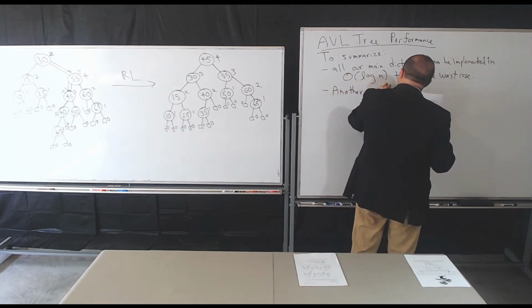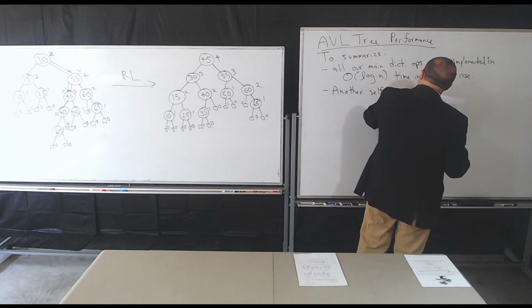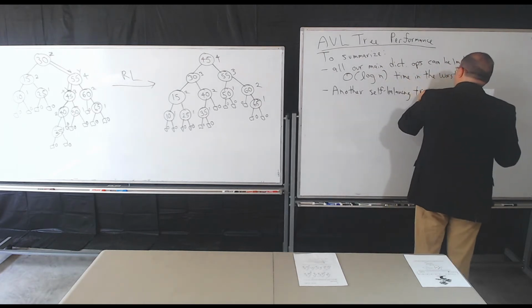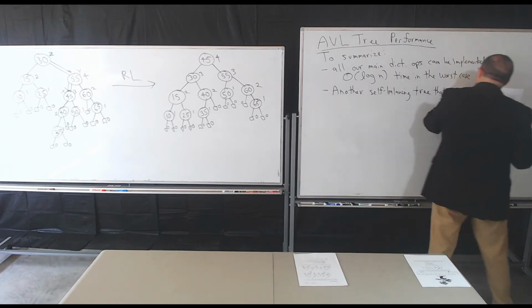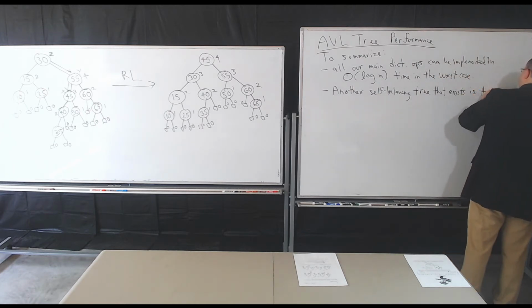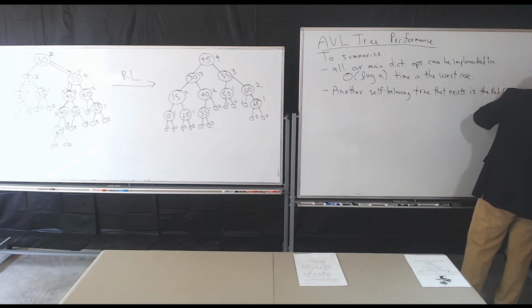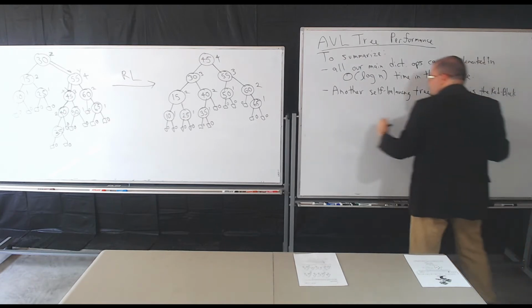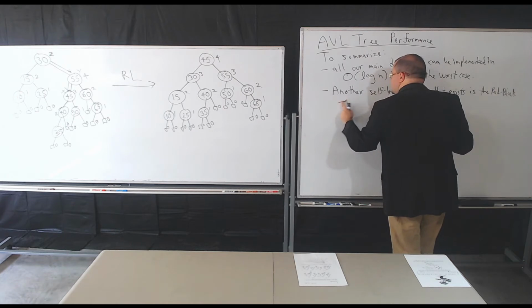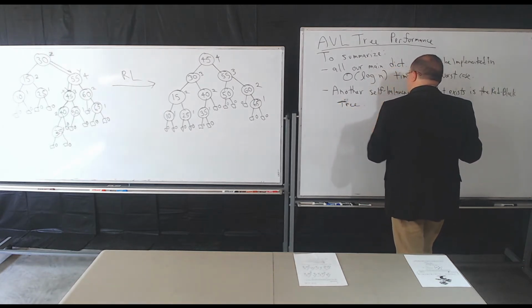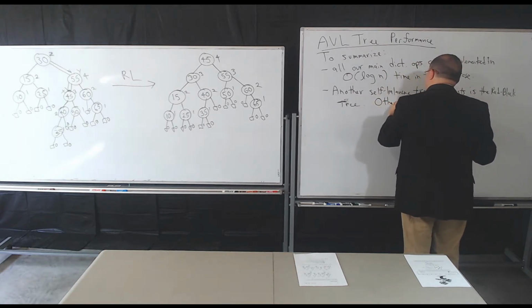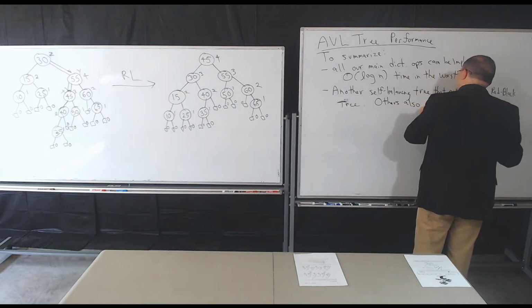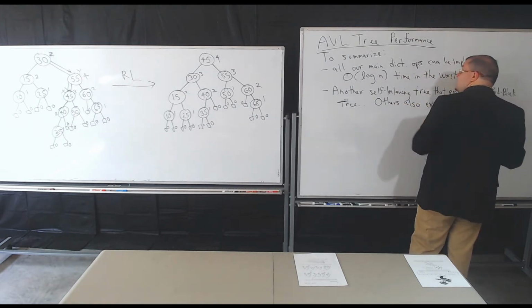Another self-balancing tree that exists is the red-black tree. So red-black tree. Others also exist.